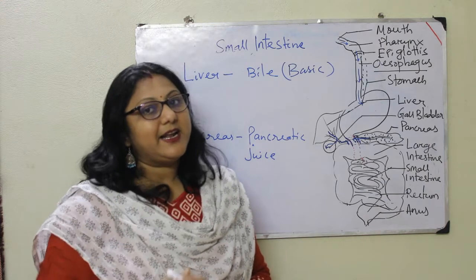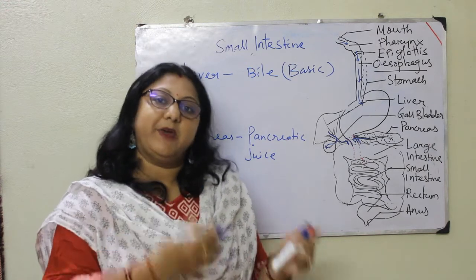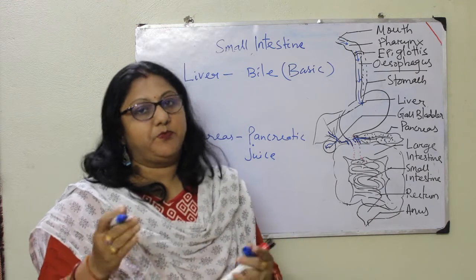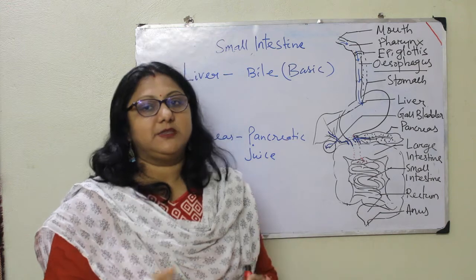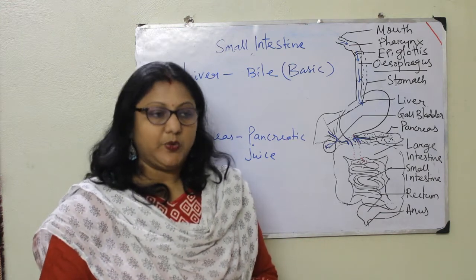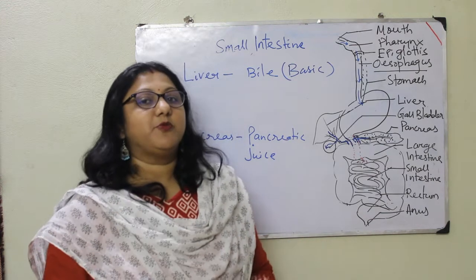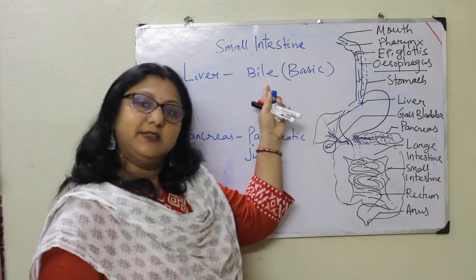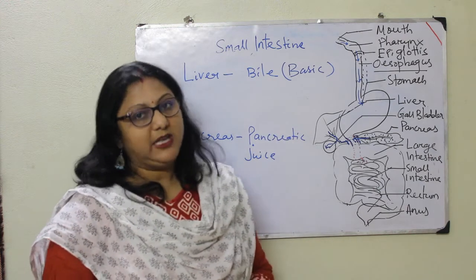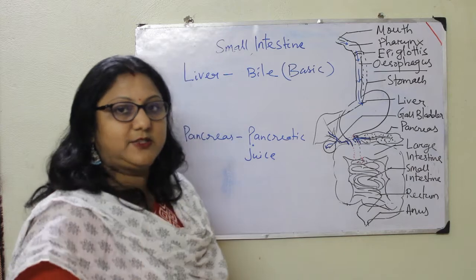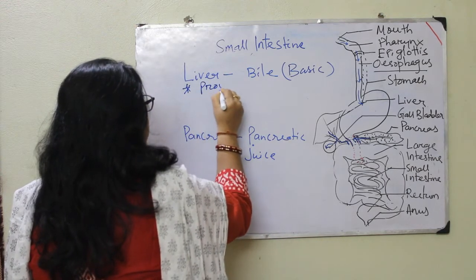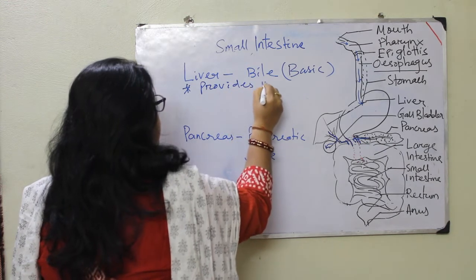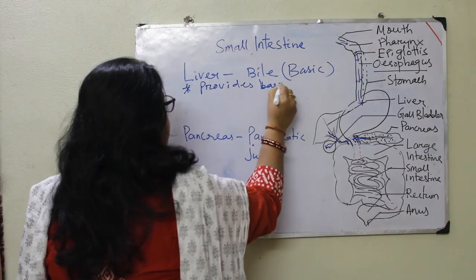Similarly, the pancreatic enzymes need a basic medium to act properly. So the pH of the surrounding must be basic. The basic medium is provided by the substance secreted from the liver. So that is the first role of bile: it provides a basic medium.